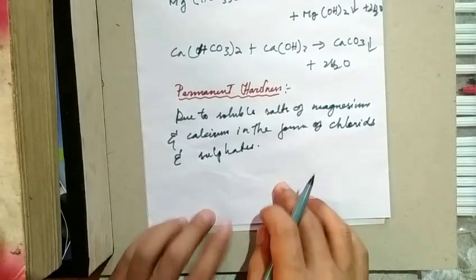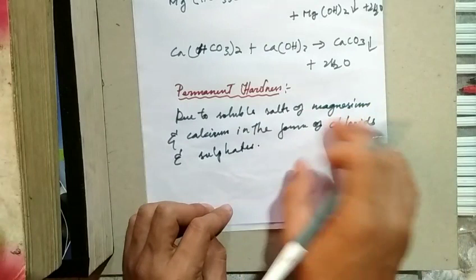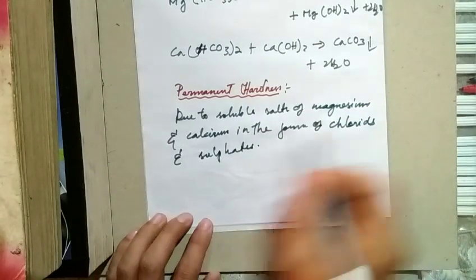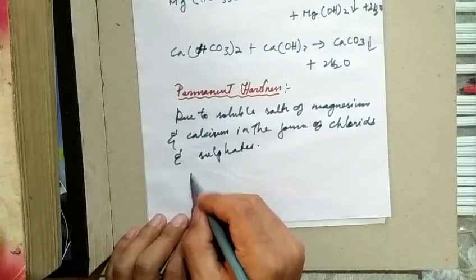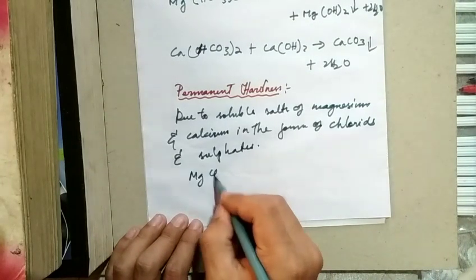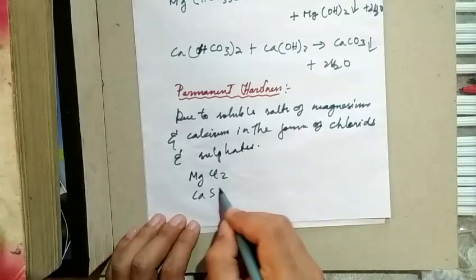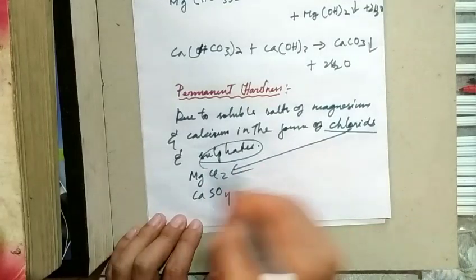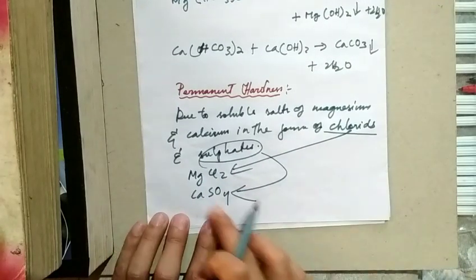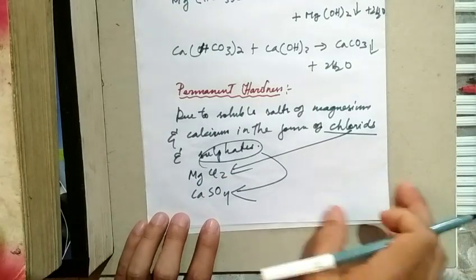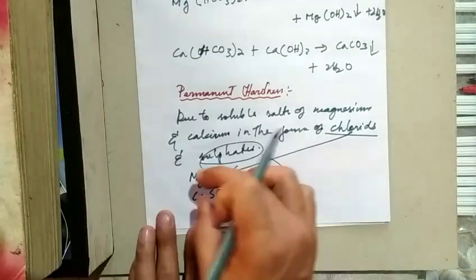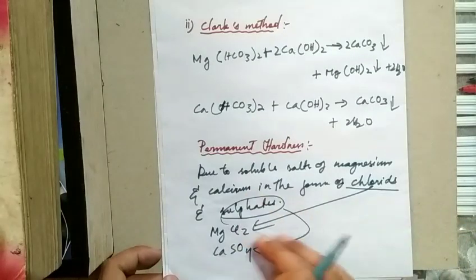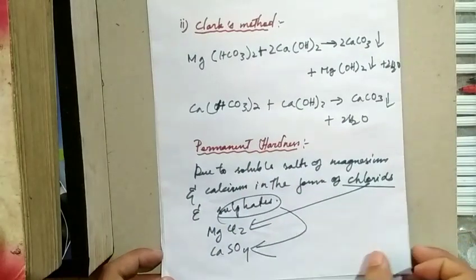Examples: MgCl2, CaSO4. This is for chlorides, this is for sulfates: calcium sulfate, magnesium chloride. So the presence of these makes the water permanently hard.